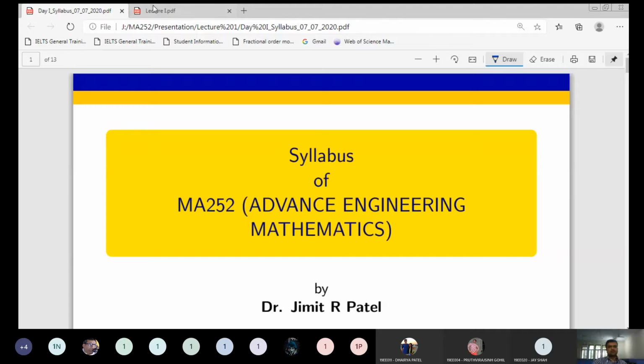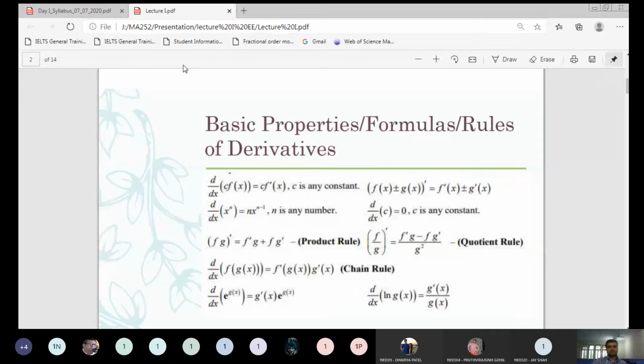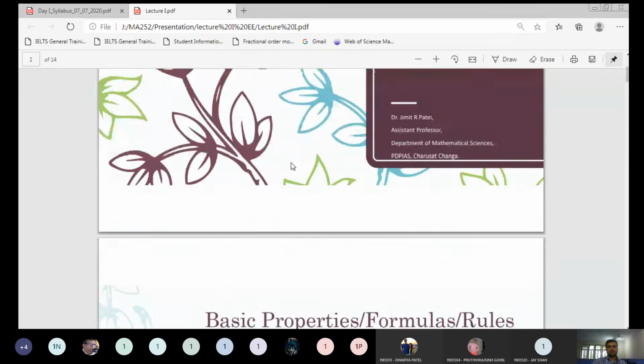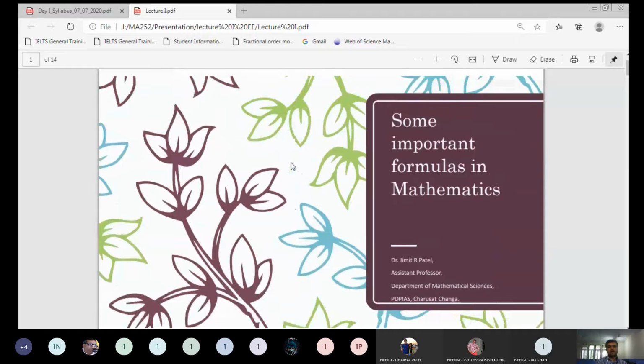I am not starting our syllabus today, but I will discuss some basic formulas of our MA 252. So you can do very well in this course because you know which topic is very useful in mathematics, in your opinion, in Maths 1 and Maths 2.